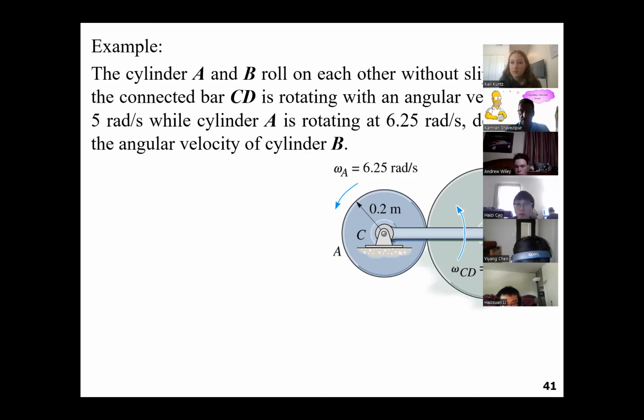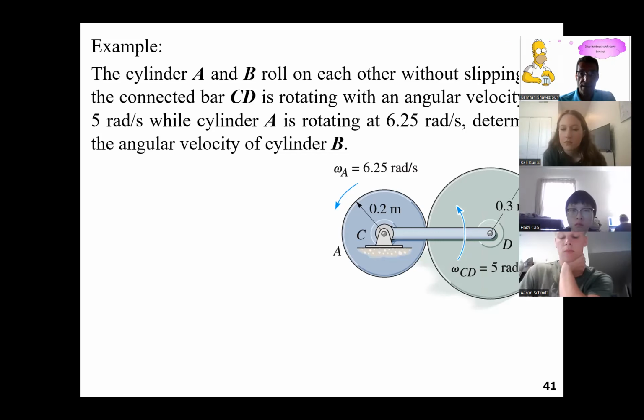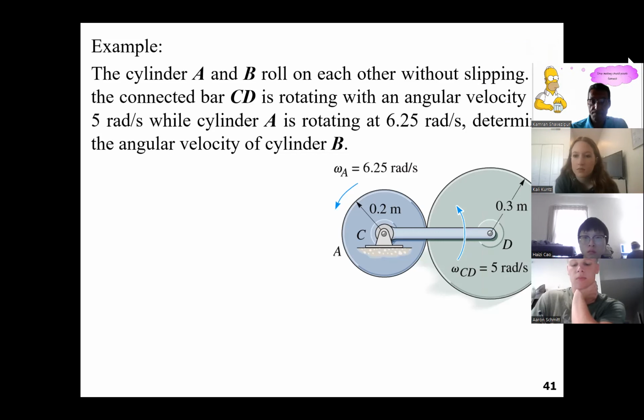Can you visualize this? Same thing with the tire on the ground. Roll has the same velocity as the ground, which is 0. Here, the two roll, the velocity is not 0, but that is the whole concept. Now, the problem says you have omega of A, the disk or cylinder A.